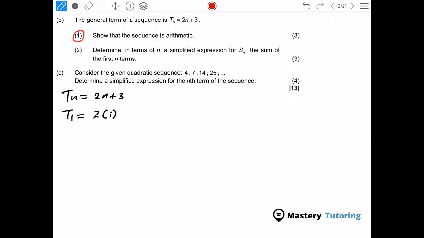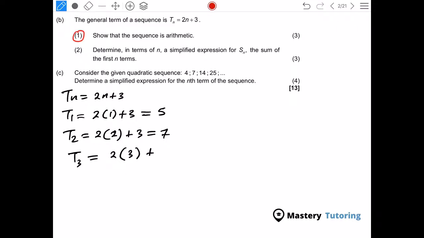This is 2 times 1 plus 3, which gives us 5. Term number 2 is 2 times 2 plus 3, substituting 2 for n, which is 7. And term number 3 is 2 times 3 plus 3, which is 9.